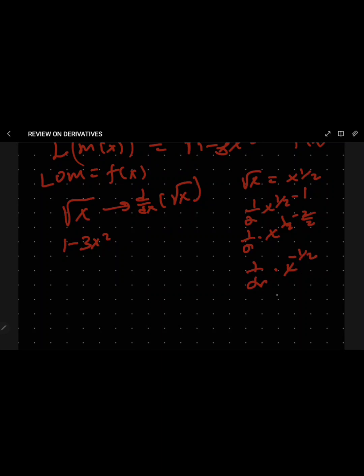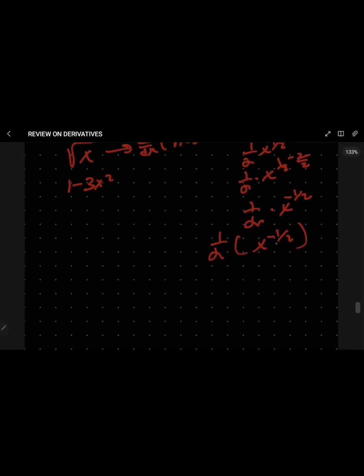What is x to the power of minus 1 over 2? Because of the minus, you can move it to the denominator. You can just remember 1 over x to the power of 1 over 2 gives the positive exponent. So this is the same as 1 over 2 times 1 over root x.